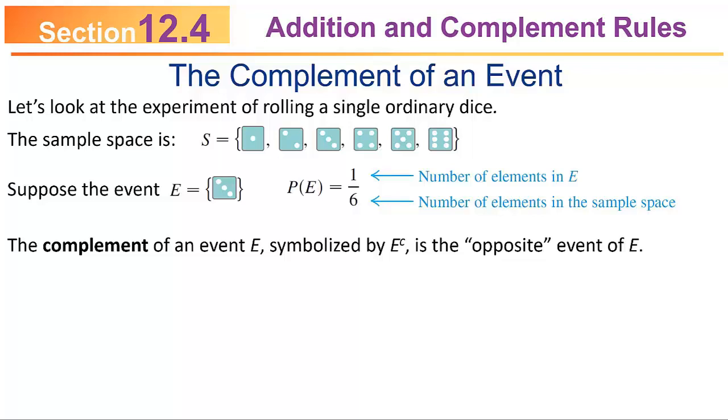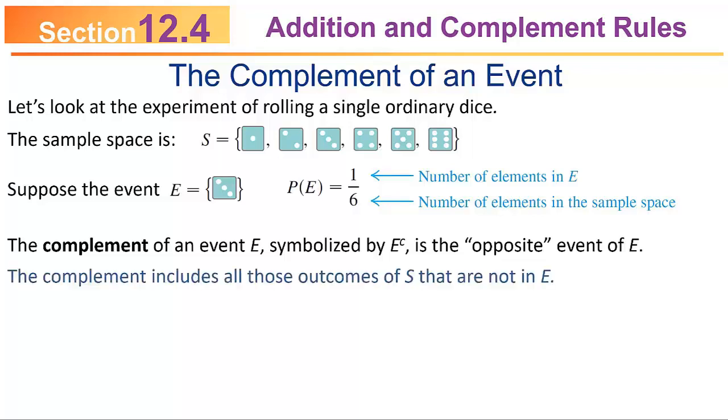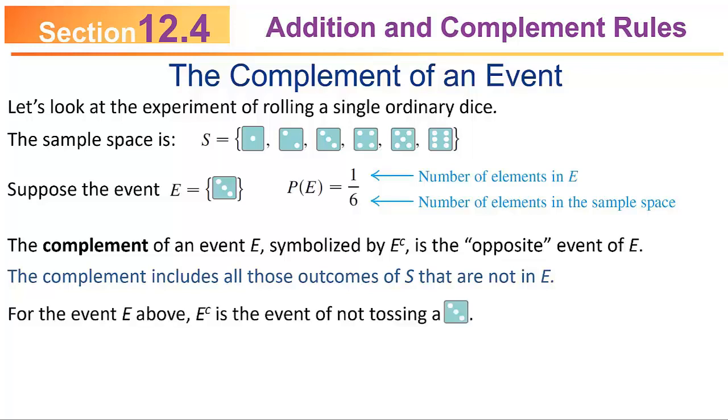It's sort of, in a sense, the opposite of the event. So if you're looking for an outcome, the complement is everything except that outcome. So if we're talking about the problem we did above, if the event E was getting a 3, then E complement is not getting a 3. So in this case, if we wanted to write out E complement, it would be everything except 3.